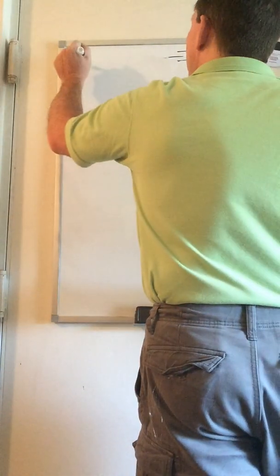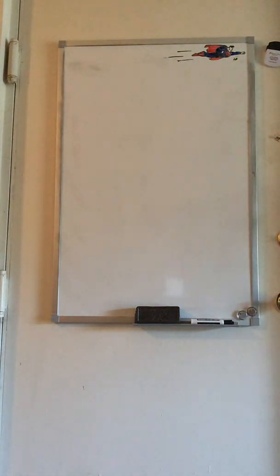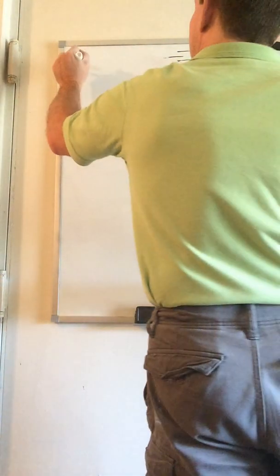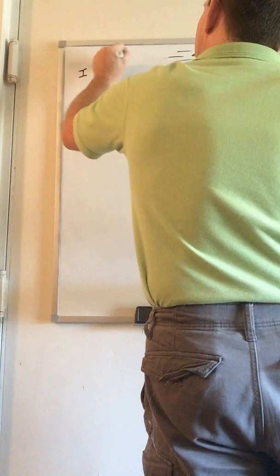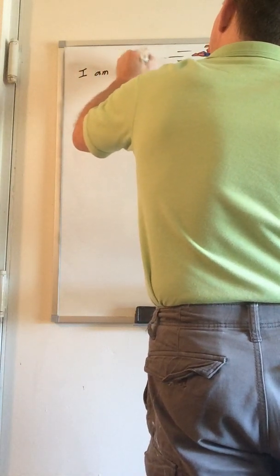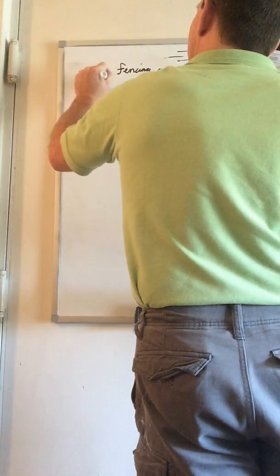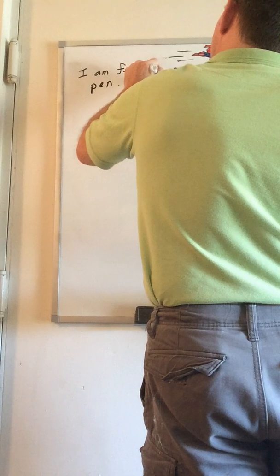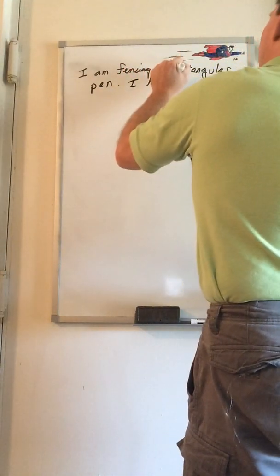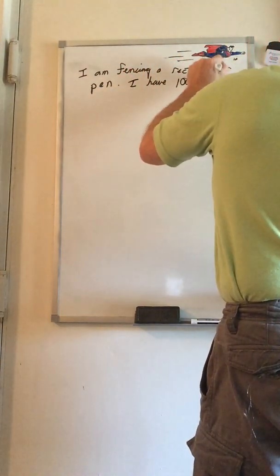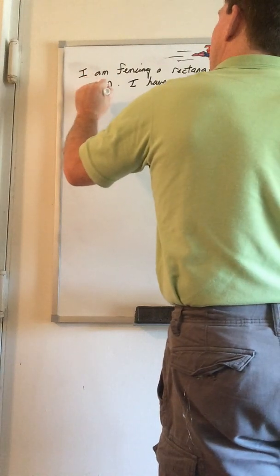So suppose we say we have this, and I just want to use the same numbers I have in my book. I am fencing a rectangular pen. I have 100 feet of fencing.